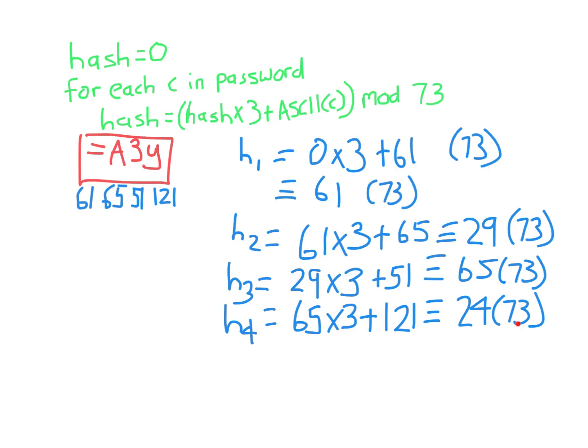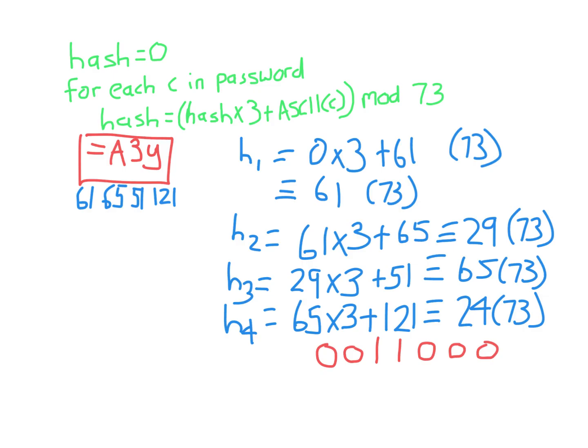Because at each step we reduce modulo 73, 72 is the largest hash value we can have. It's a bit more than 2 to the power of 6. So this will always produce a 7-bit input. We might need to put zeros at the start. So in binary, 24 is 16 plus 8, no 4s, no 2s, no 1s, and of course we would need a couple of zeros at the start to produce the 7-bit input.